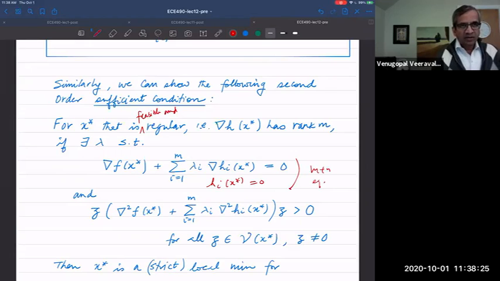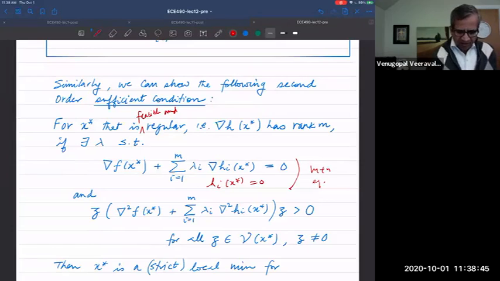There may be multiple x stars, and for each of those x stars, there will be a corresponding lambda. So lambda is only unique for a given x star.